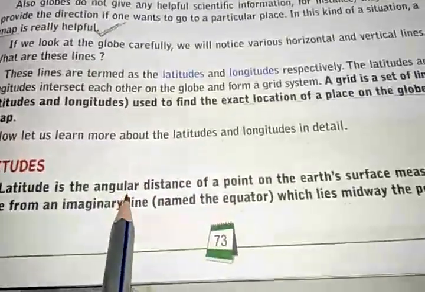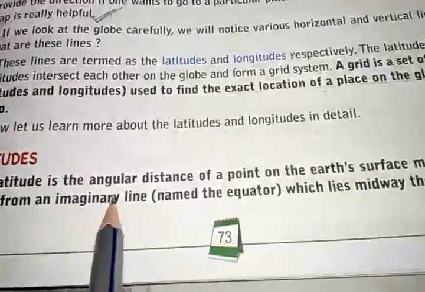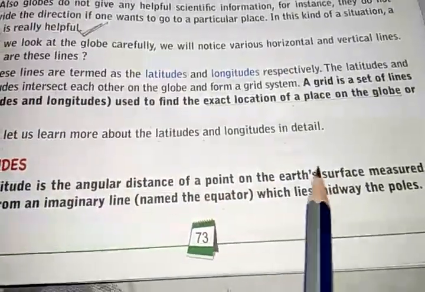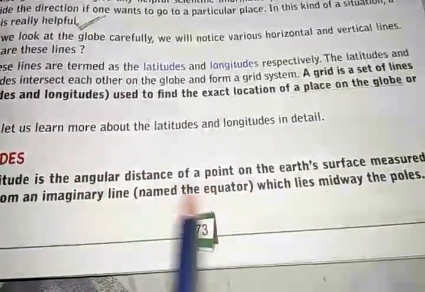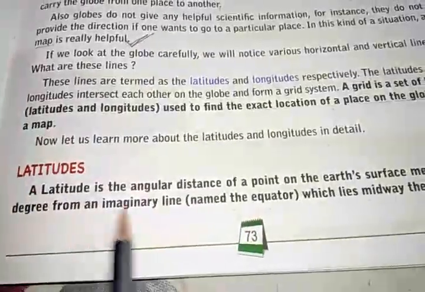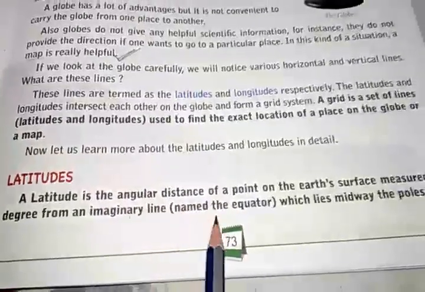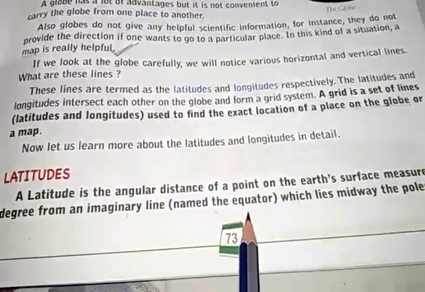So what are latitudes? Latitudes are angular distance, an angle, of a point on the earth's surface, from the equator, measured in degrees from an imaginary line. All latitudes are imaginary lines. Named the equator. Equator is the middle, the 0 degree.